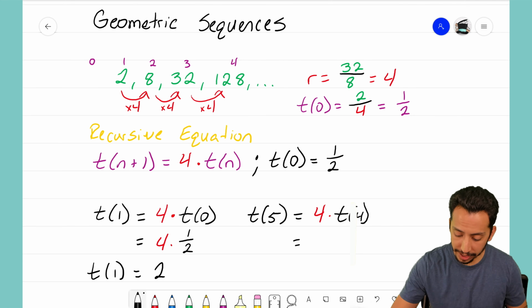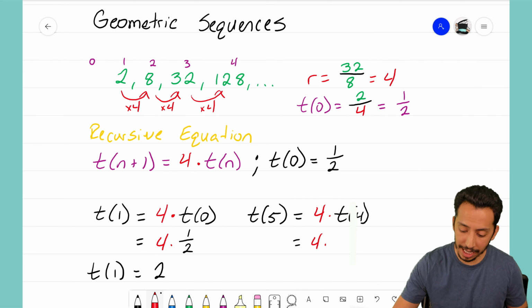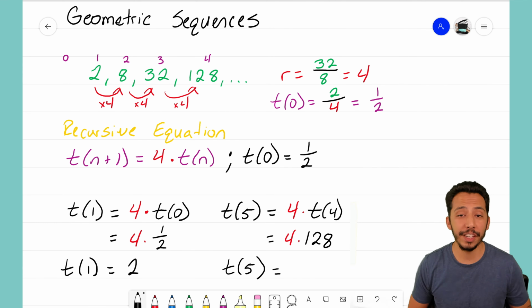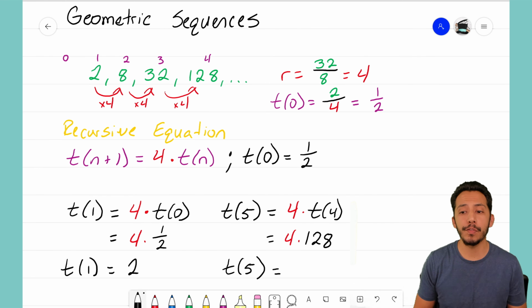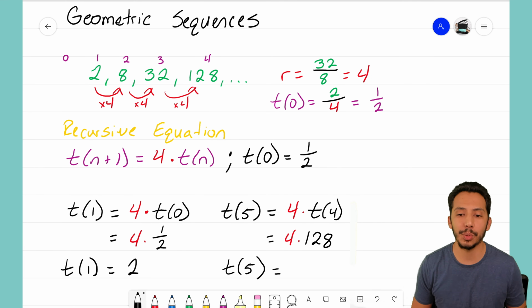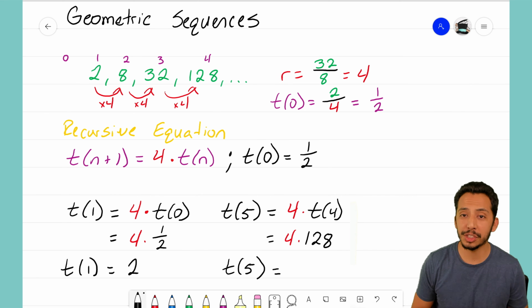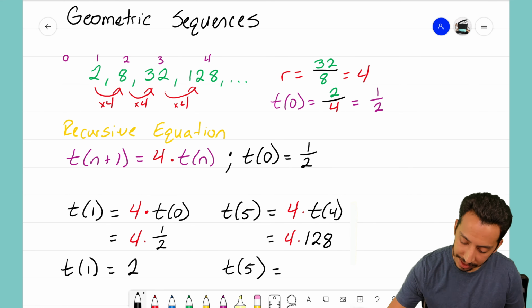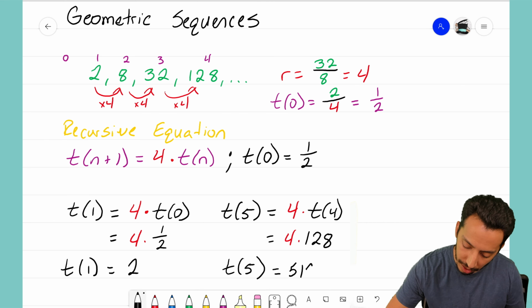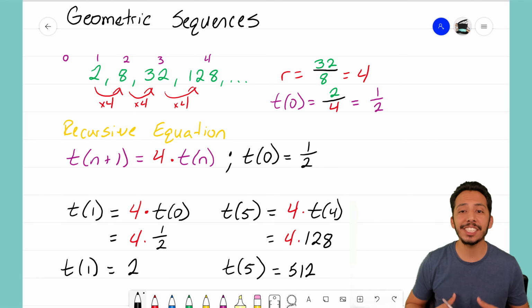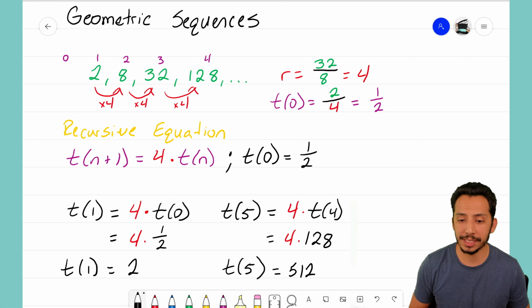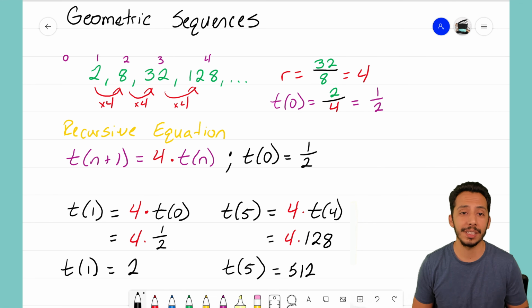Well, we know what t of 4 equals: 128. So we know that our 5th term here will equal 4 times 128. 4 times 128 ends up equaling 512. So we see that the next term in that sequence, our 5th term, is 512.